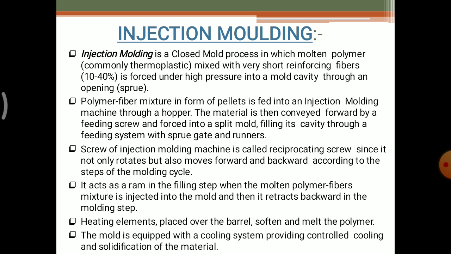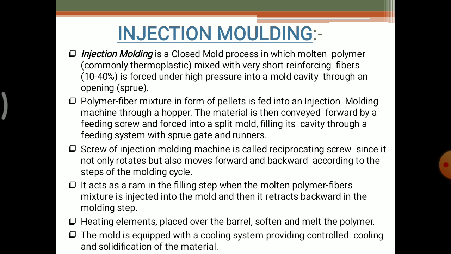It acts as a ram in the filling step when the molten polymer and fibers are mixed in the injection molding chamber, and then it retracts backward in the molding step and mixes them with the resin.